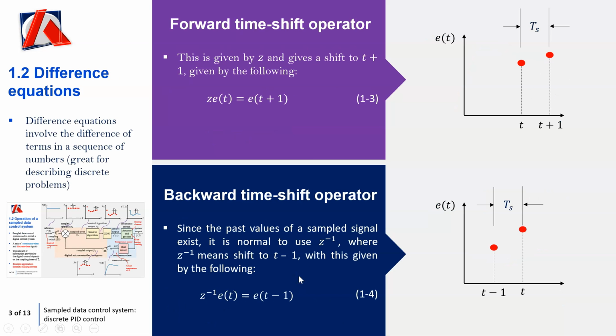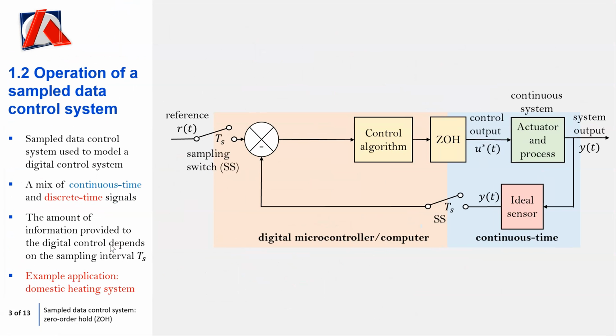So now if we move on to looking at difference equations, because we're now moving on to the form of a sampled data control system, just to remind you of this diagram.